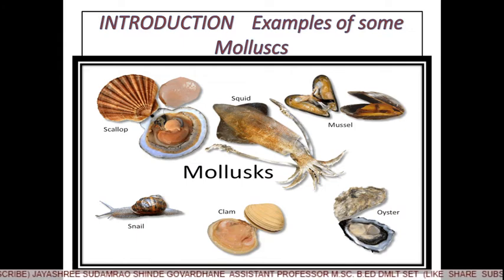The protection ultimately benefits the phylum. As you know, all soft-bodied animals are present in this phylum, and they show a variety of forms. Their body is soft, unsegmented, and their skin is slippery, mostly covered by a calcareous shell. Maybe you have seen different types of shells at the sea coast.